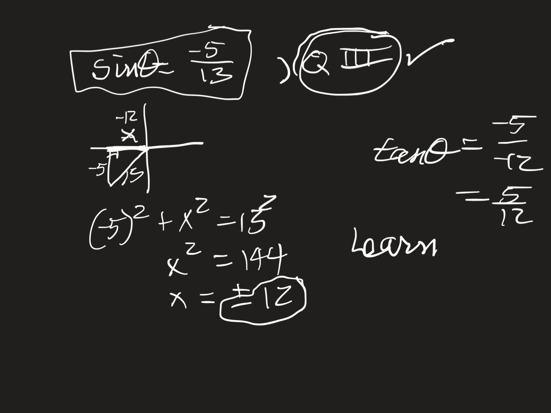If they didn't give me the quadrant here, then I could have had either a third or fourth quadrant, and then x equals 12 or negative 12 would have been true. So tangent theta would have been either 5/12 or negative 5/12 because the sign could switch on the 12. So by telling me the quadrant, they make it very specific.